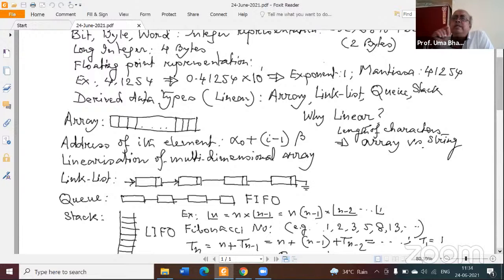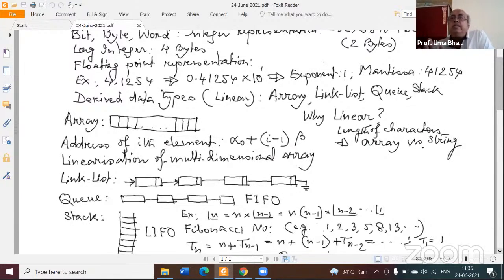Otherwise, simple one is iteration. So we can have iteration versus recursion. But obviously, all problems cannot have a recursive algorithm. The basic requirement for applicability of a recursive algorithm is the problem must be decomposable in sub-problems whose nature is exactly the same as the nature of the original problem.